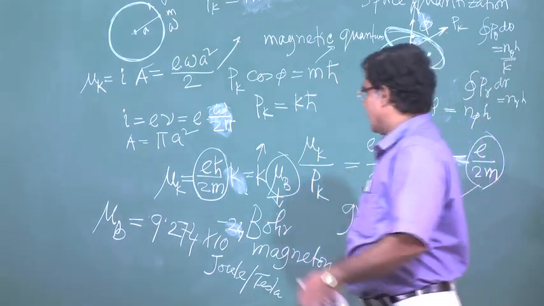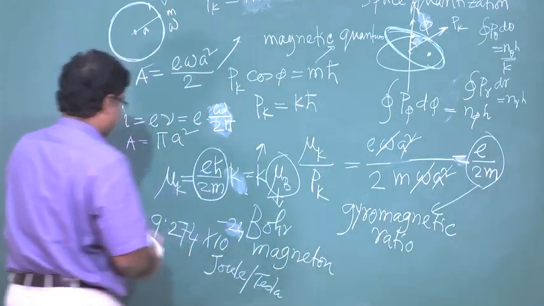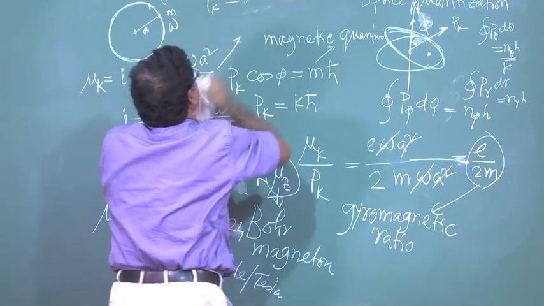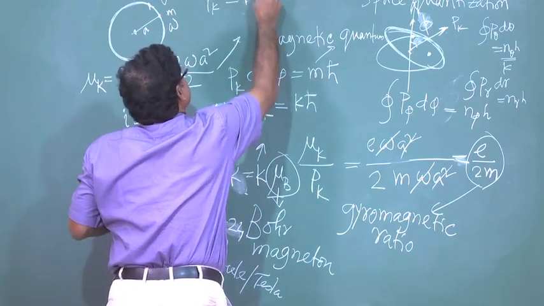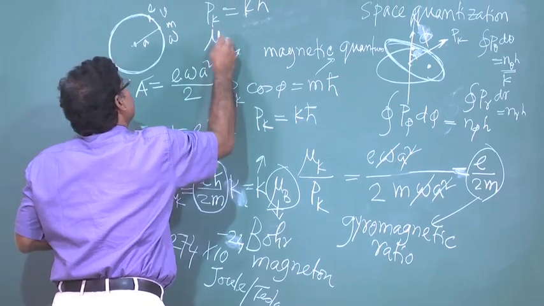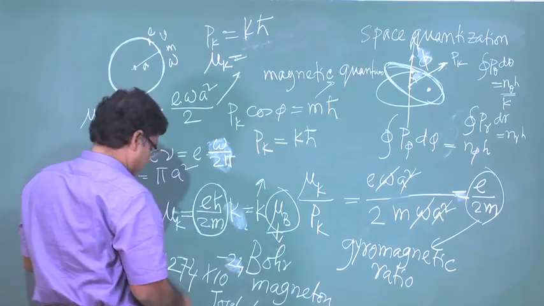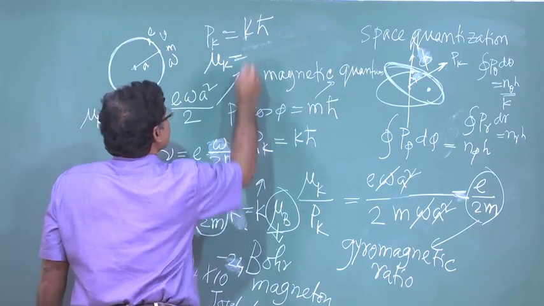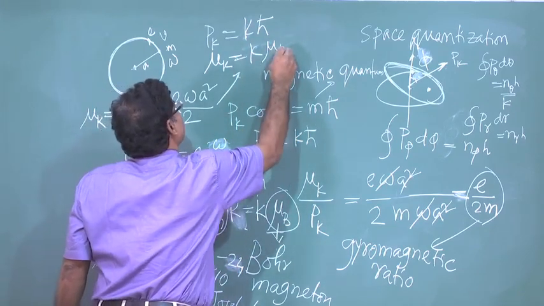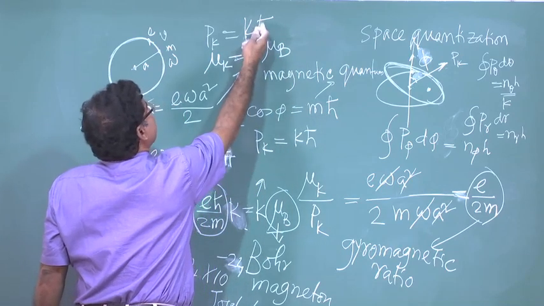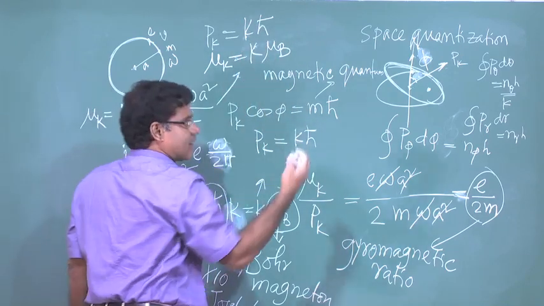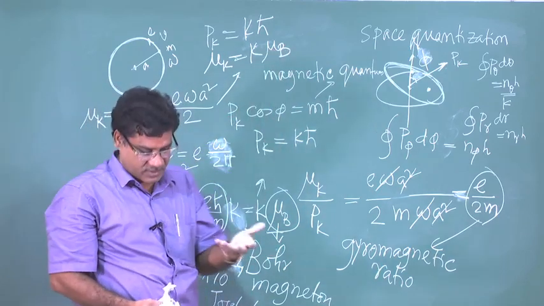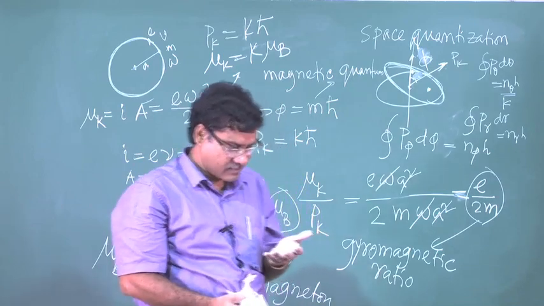Now we got the relation: pk equals k h cross, and mu k is basically k mu B. So h cross is the unit of angular momentum, and mu B is the unit of magnetic moment.